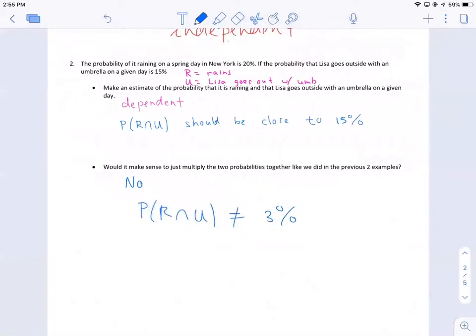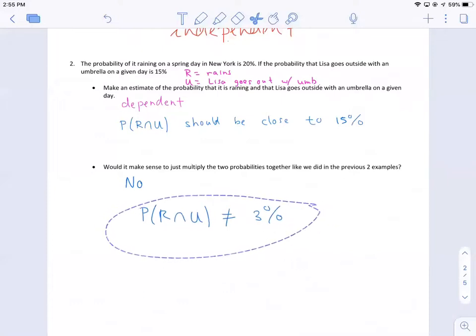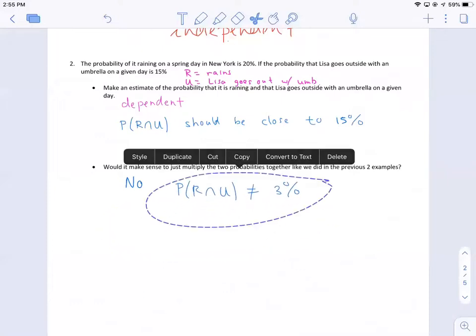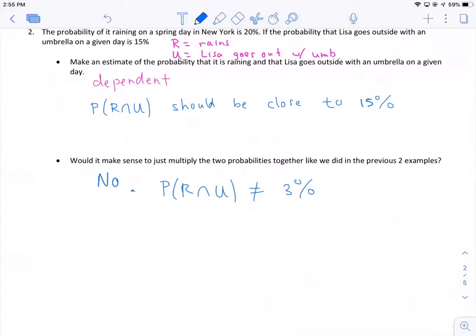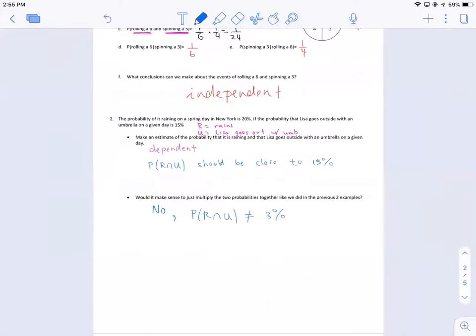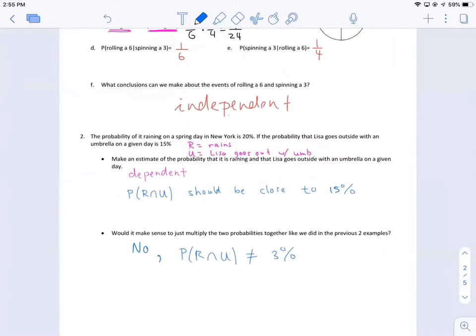Because if it's a 20% chance of it raining and she's going out on that day, then she's probably going to be carrying an umbrella. So it's going to be much more than 3%. I have another example to illustrate events that are dependent below, if that didn't make too much sense.